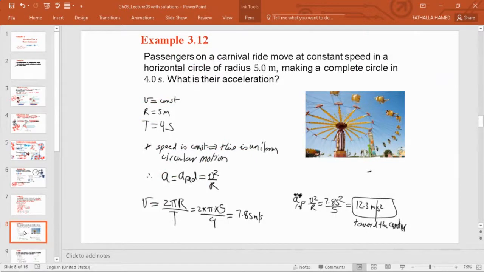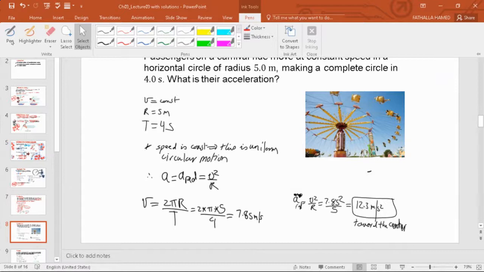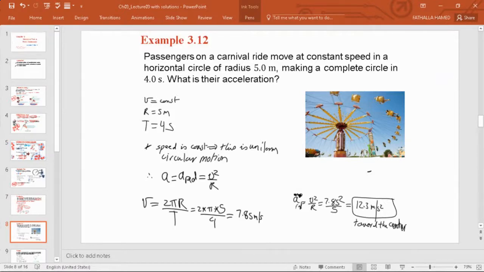Another example here. Passengers on a carnival ride move at a constant speed in a horizontal circle of radius 5 meters, making a complete circle in 4 seconds. What is their acceleration?